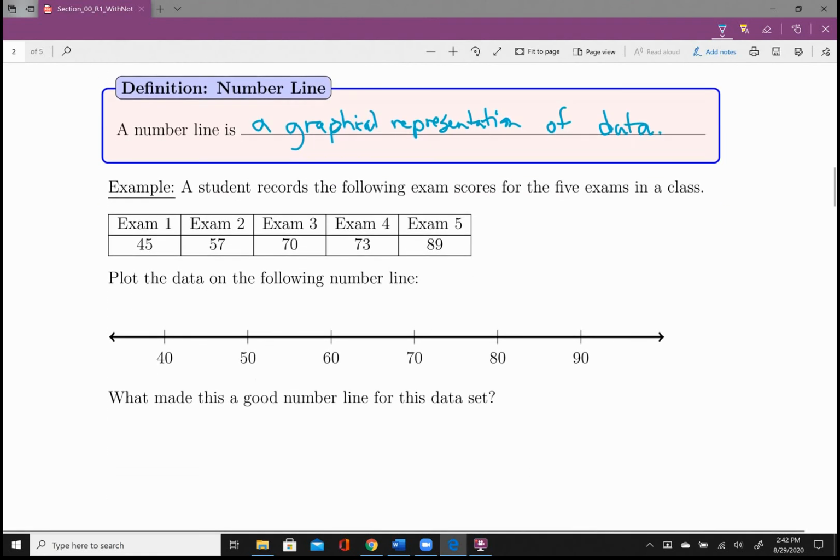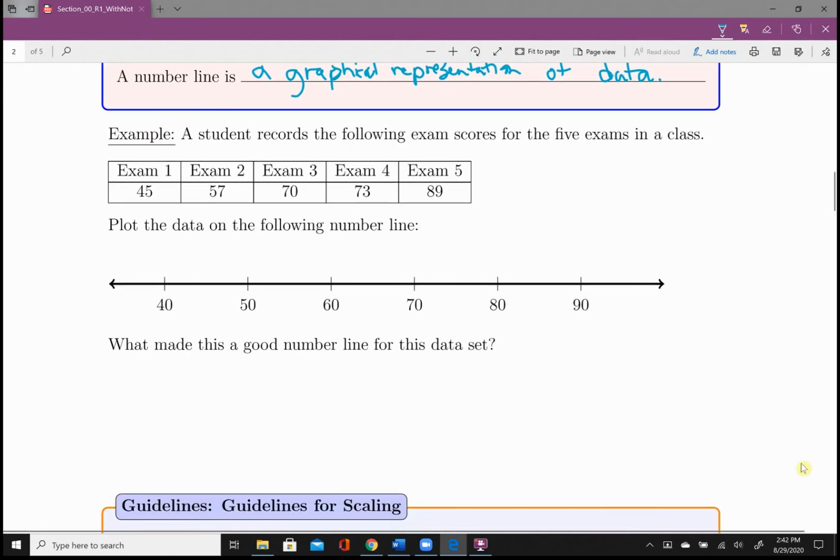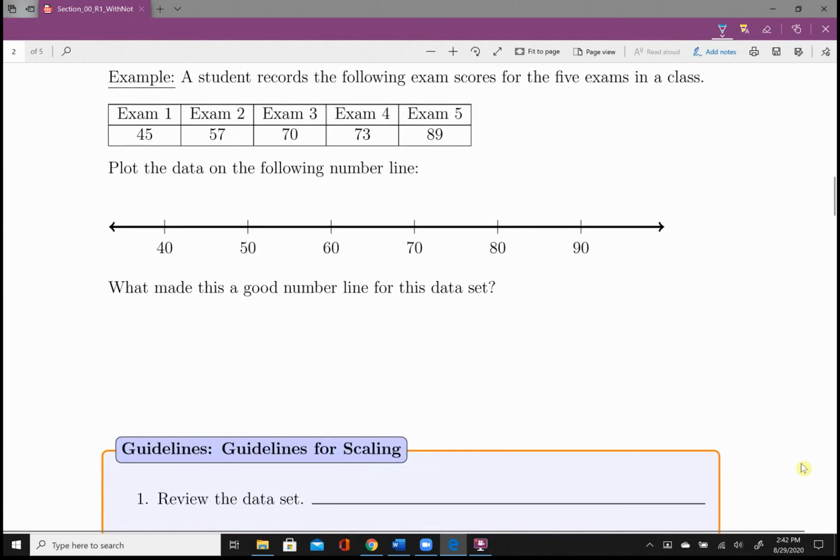So you will notice in the next example directly below the definition there's a data set, a very small one. Student records the following exam scores for the 5 exams in a class. Cool. So it looks like this student has had a growth mindset over the course of the semester. Not doing so hot on the first exam, but look, every single exam afterward, improvement is being exhibited. Good for this student. Okay, let's go ahead and practice graphing these data points on the number line that's provided.